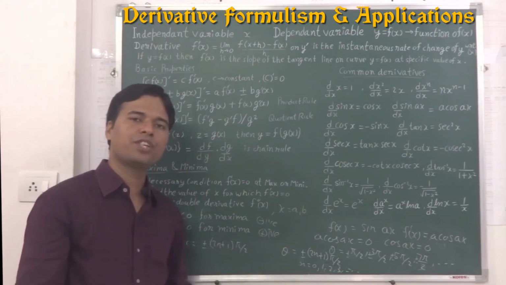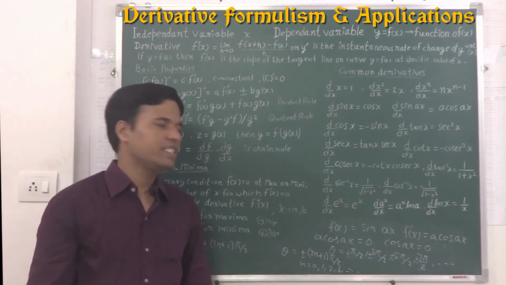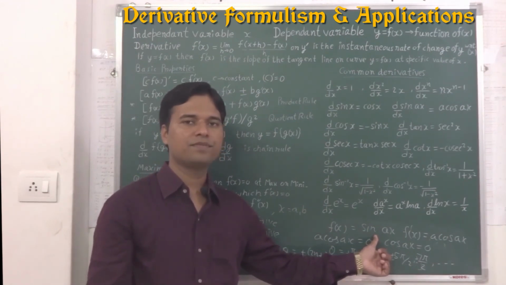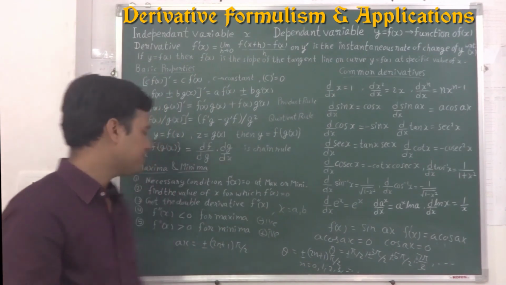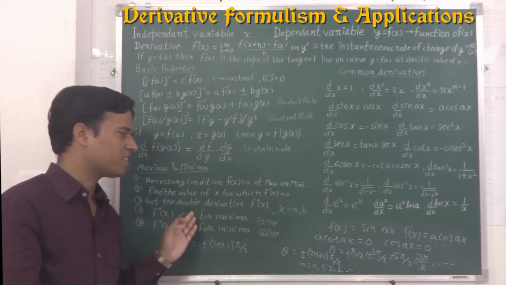But we will have to identify for which values the given function has the maximum value or minimum value. To find that, we will have to get the second derivative of the given function.